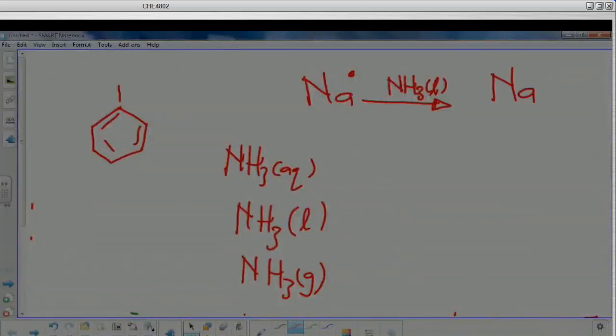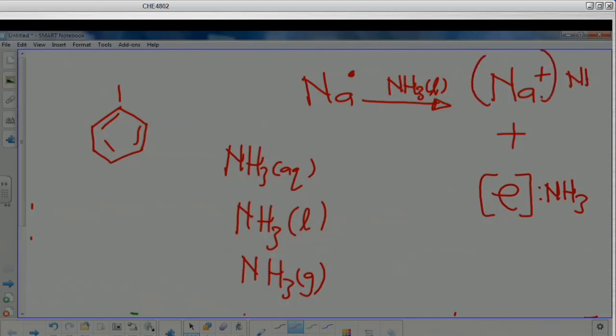So if you dissolve sodium in liquid ammonia, it will form Na+ plus, and release this electron. I'll put this electron in square brackets, and this electron, including that one there, become surrounded by ammonia. They don't pair electrons on ammonia.